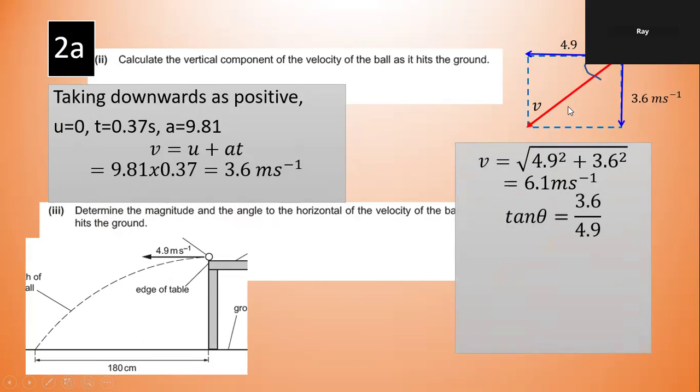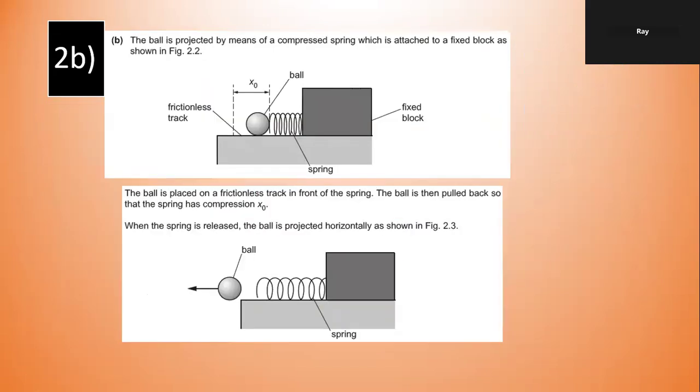Use Pythagoras theorem and take tangent, 3.6 divided by 4.9. This one you have problem? You must be very weak really. This is what you did in further math somehow. Any comment? No. Okay, happy with that. You try to cover as much syllabus as possible.